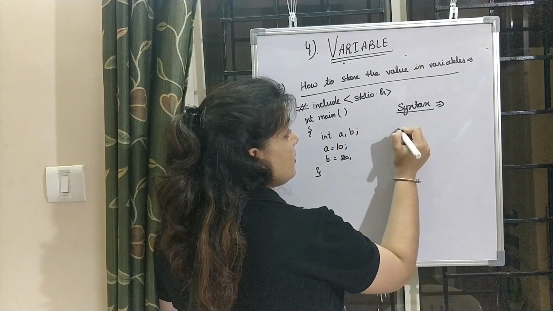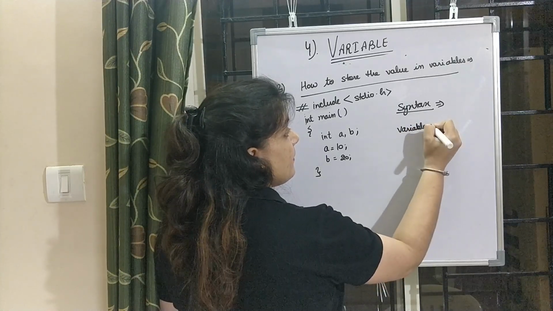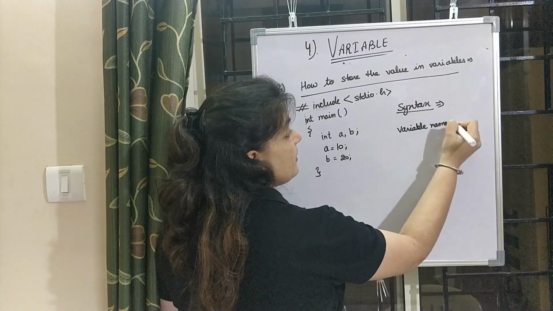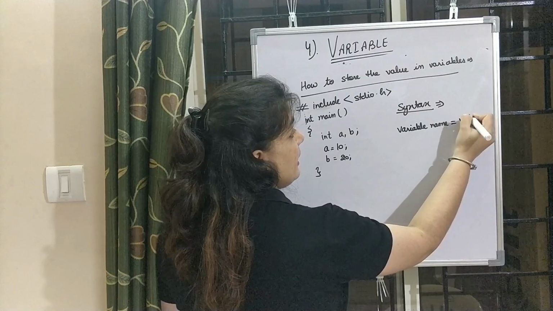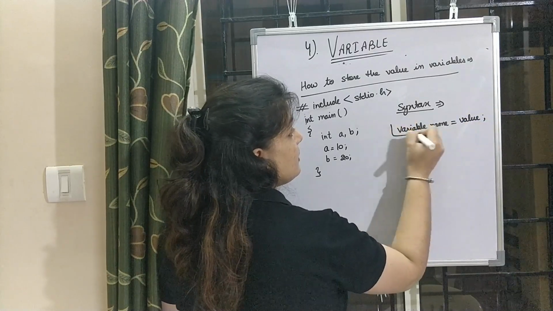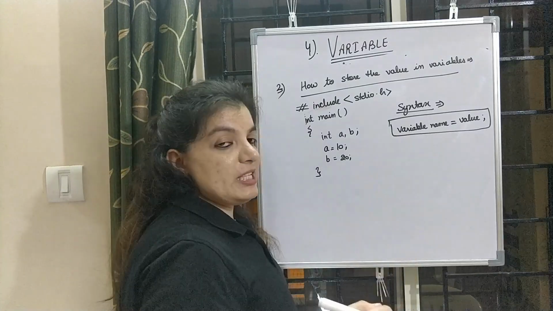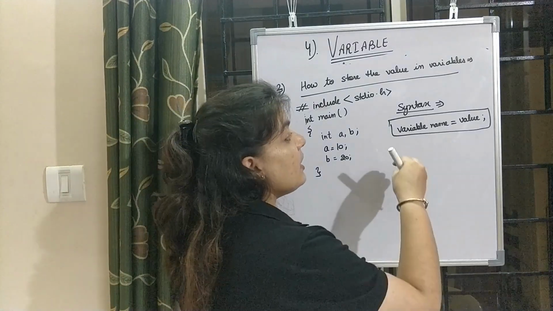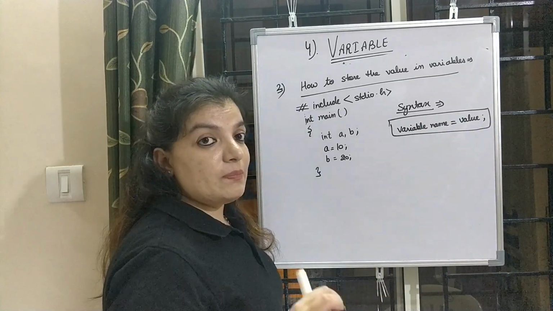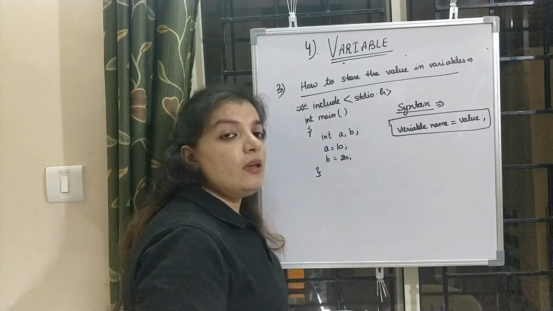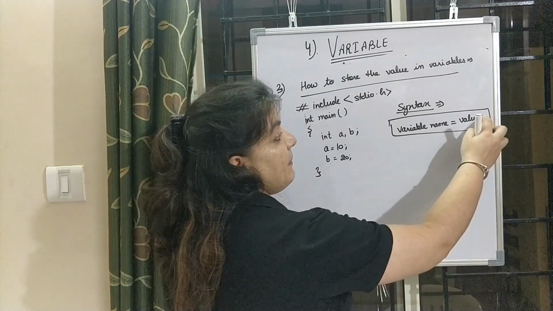First of all, on the left hand side I need to write the variable name, and on the right hand side after the equal to sign we write the value and end with a semicolon. So in C++ and Java programming languages, this is the syntax, with the semicolon. In Python, Perl, PHP, these languages do not require a semicolon.